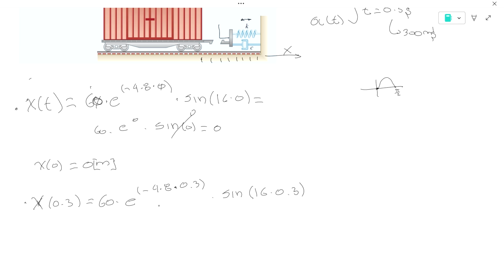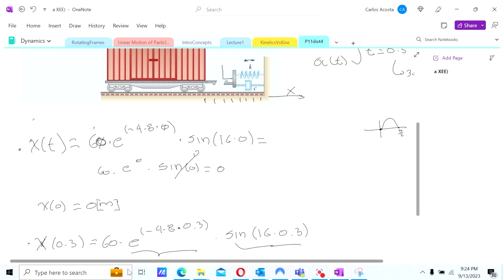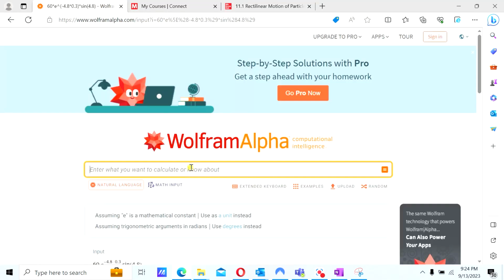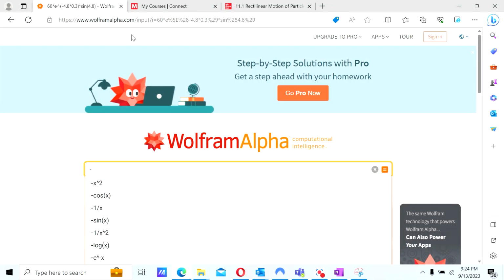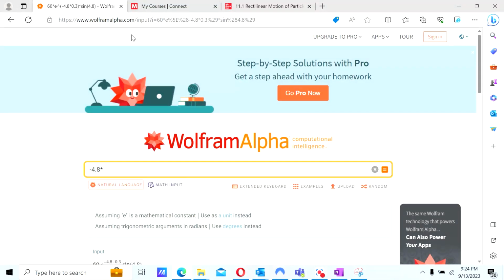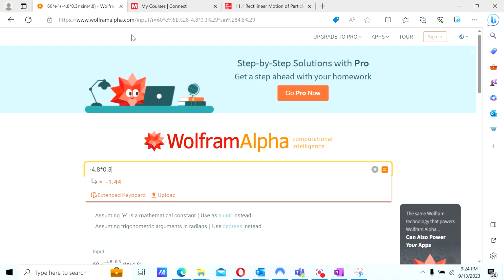For this we get to use the calculator. Let's go to wolframalpha.com and do negative 4.8 times 0.3. If you have a calculator, you just use your calculator, but I think this will be easier to show you with Wolfram Alpha. Obviously you need internet to use it unless you have the application installed. Okay, negative 1.44.